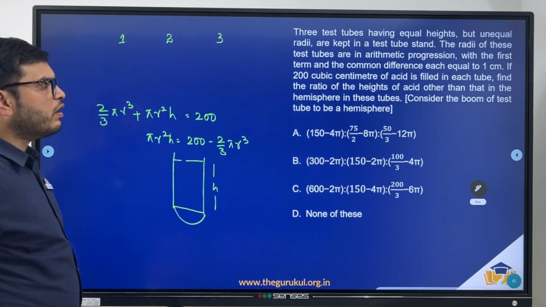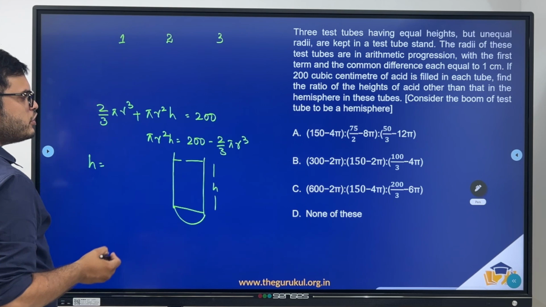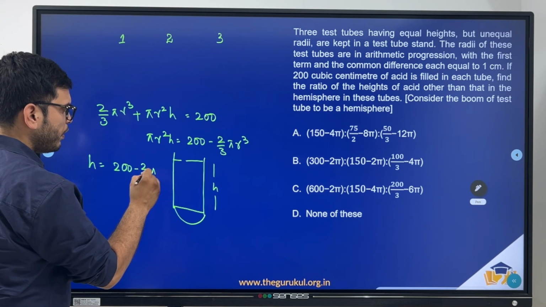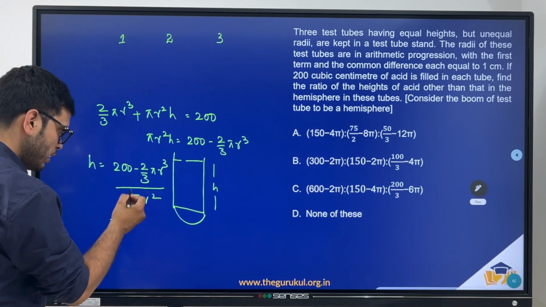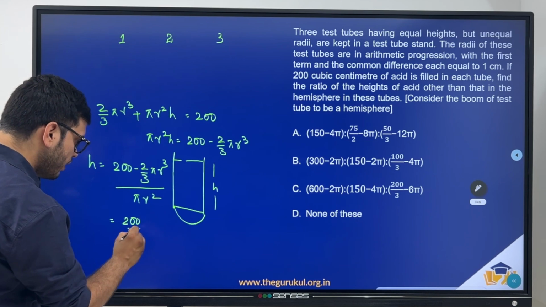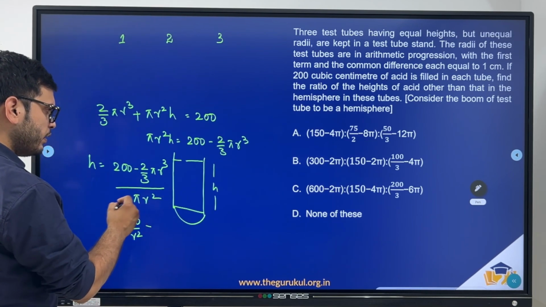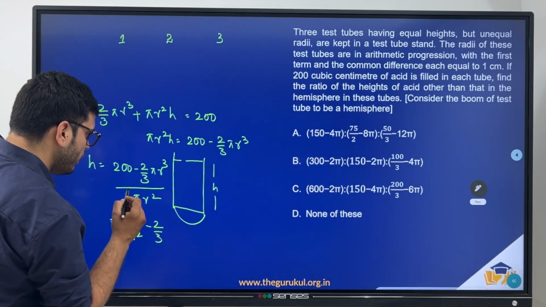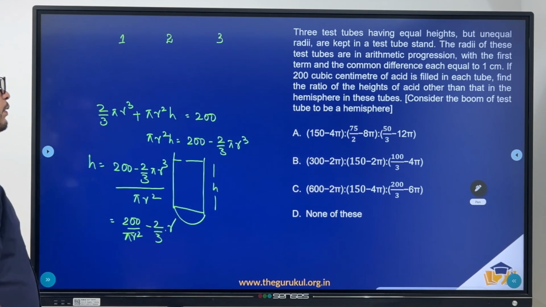Now what was asked? We are asked to find the ratio of heights. So h is equal to 200 minus 2 by 3 pi r cube by pi r square, or I can still write this as 200 by r square minus, I can cancel pi, and r cube and r square, so that should be 2 by 3 into r, and here you should be having pi.